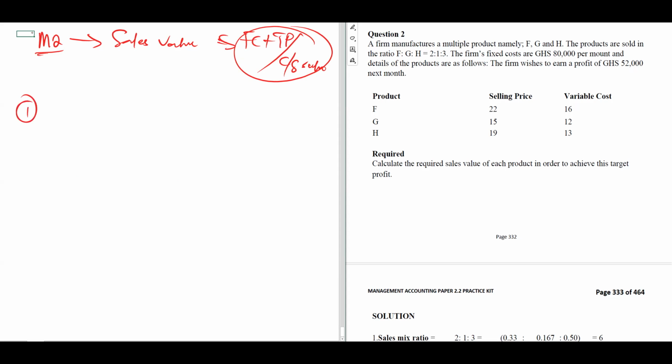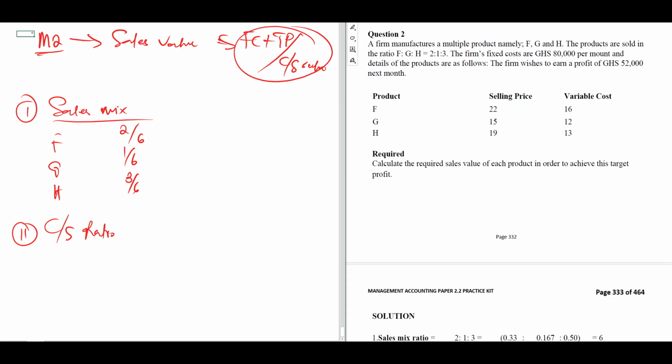For the first step, we already know our sales mix. I always determine my sales mix first. This is my approach, some other people do it in a different way. I always like to simplify things for students. So I have F, G, and H. I know this was 2 out of 6, 1 out of 6, and then 3 out of 6. So I have this down. Now I need my CS ratio, right?